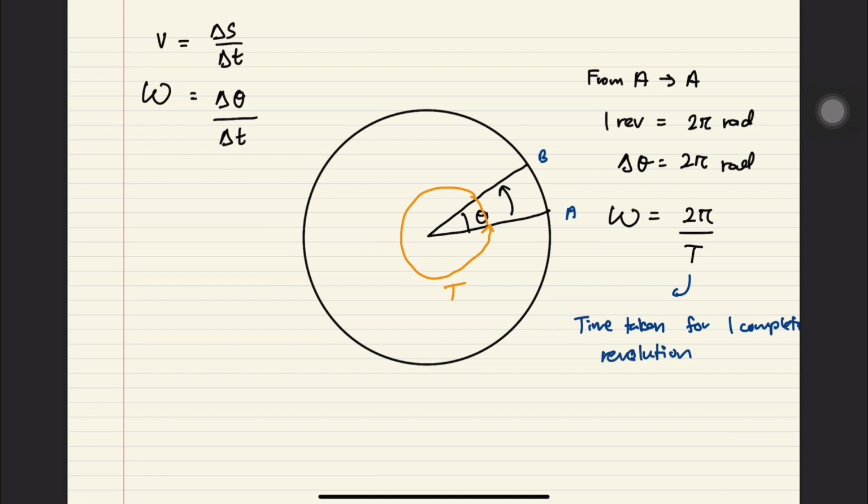So you have to differentiate between small t and capital T. There's a difference. Capital T is for period, small t is for time. And since 1 over period is equal to frequency, you can also write this formula as 2 pi f. This is a very important formula. You might be using this formula a lot.